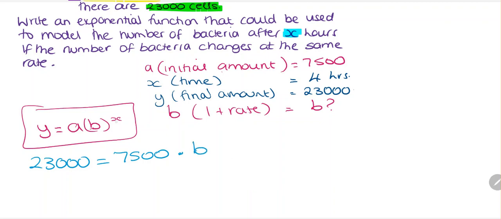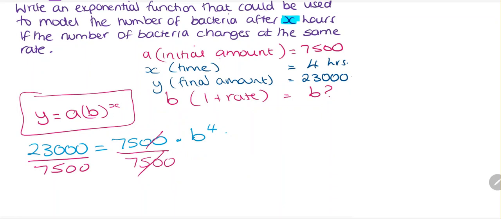And this is to the power of X, which we know is 4. So we're going to divide both sides by 7,500.